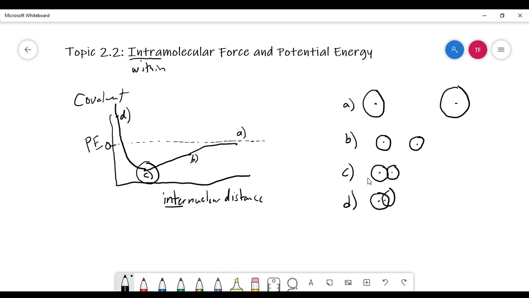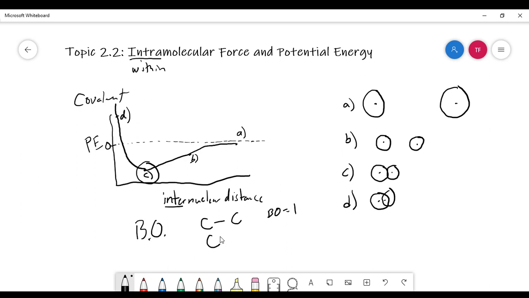A second thing that's going to affect how strong a bond is, and also the bond length, is the bond order. If you recall, we talked about bond order in the past, and this has to do with the number of bonds that exist between two atoms. For instance, you can have carbon single bonded to a carbon, and that would have a bond order of 1, because there's one bond between the two carbon atoms.